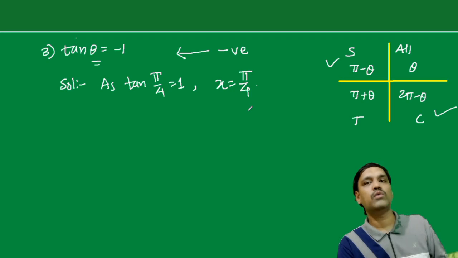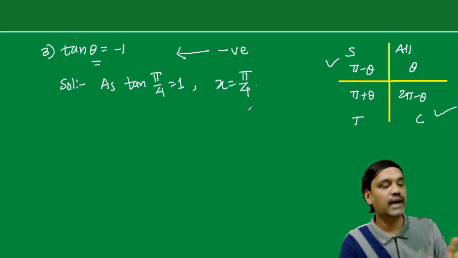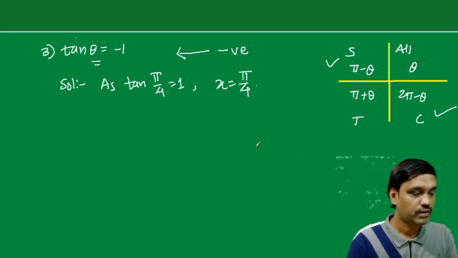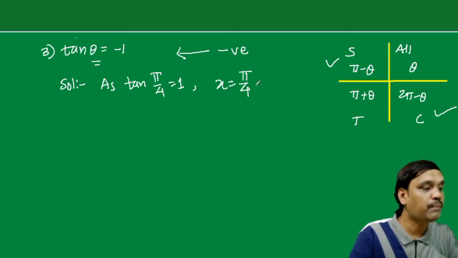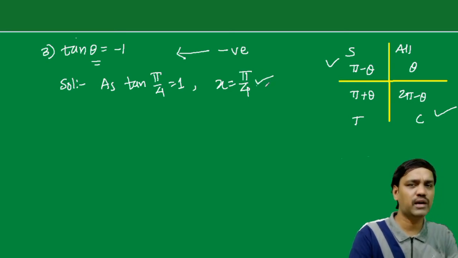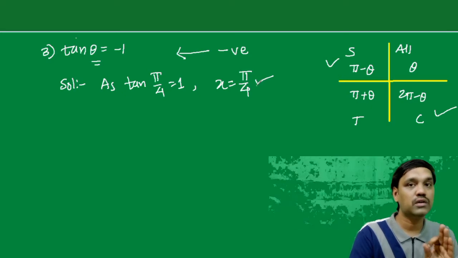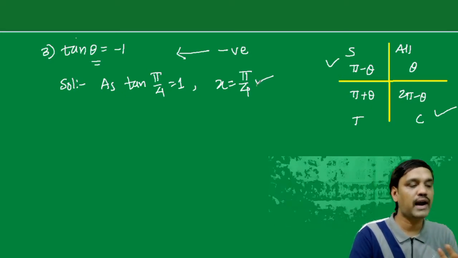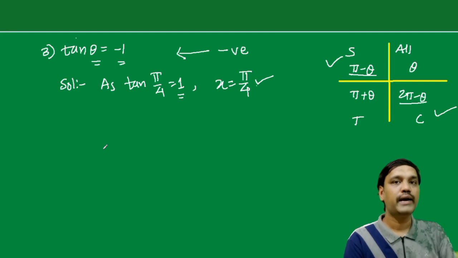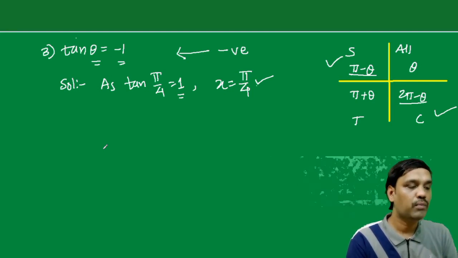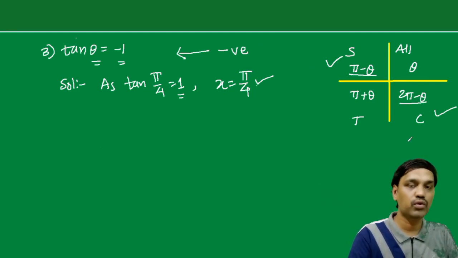Now see, I'm not going to take that value as theta because it is not the solution. So I'm going to call that angle pi by 4 with another variable, say x, because pi by 4 is not actually the solution, so we cannot call it theta. Now I'm going to write two different allied angle formulae for the second quadrant and fourth quadrant.